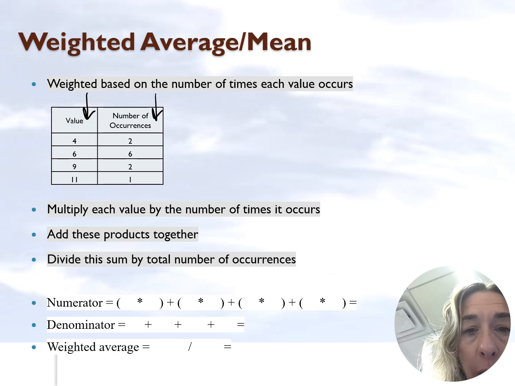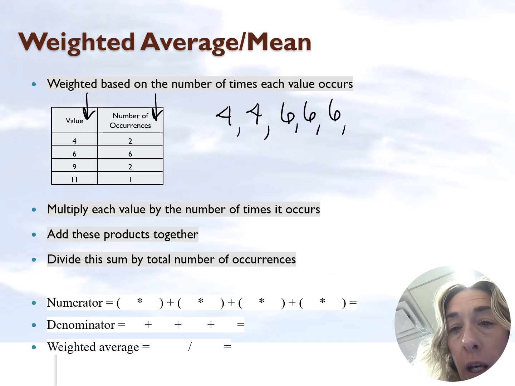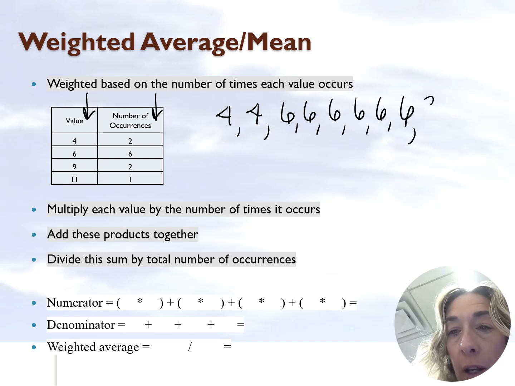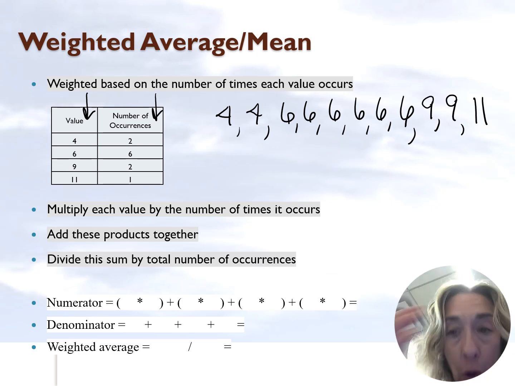So this data set could also be written in the following way. The value 4 occurs twice. The value 6 occurs 6 times, so I would say 1, 2, 3, 4, 5, 6. The value 9 occurs twice, 9 and 9. The value 11 occurs once. So that's actually what my data set looks like.